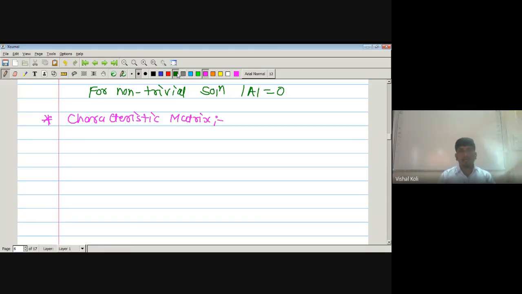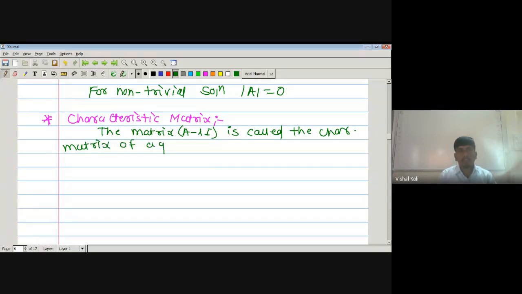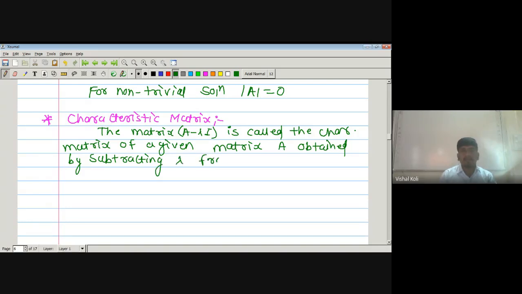The matrix A minus lambda I is called the characteristic matrix of a given matrix A, obtained by subtracting lambda from the diagonal elements of A. That is, a matrix which is obtained by subtracting lambda from the diagonal elements of A is called the characteristic matrix.